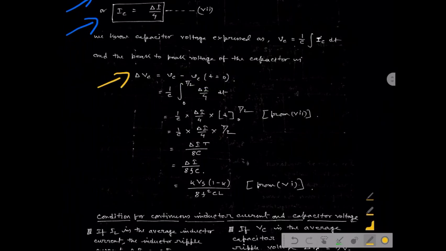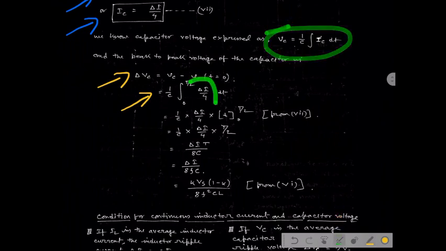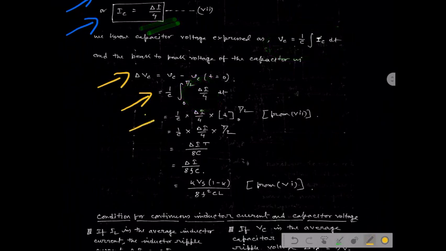So after integrating, del V equals 1 by C integrating from 0 to T by 2 of IC, and we have taken the value of IC as del I by 4. After simplification we get 1 by C into del I by 4 into T by 2.